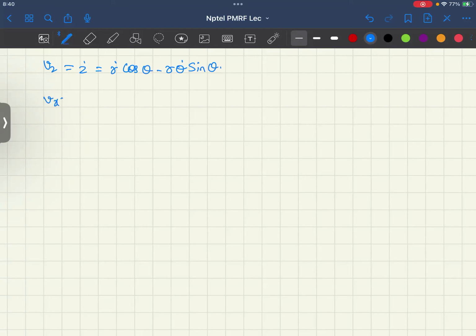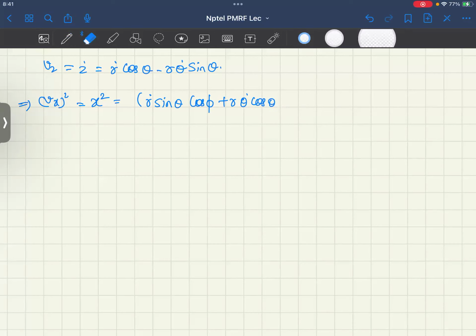Now therefore Vx square is equal to x dot square, which is (r dot sin theta cos phi plus r theta dot cos theta cos phi minus r phi dot sin theta sin phi) square. Right?